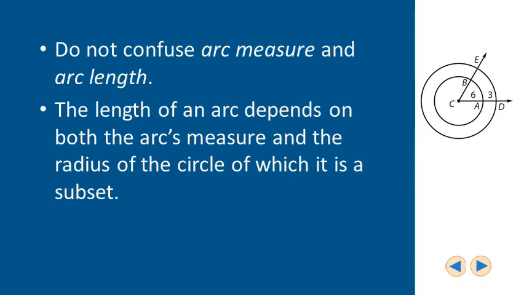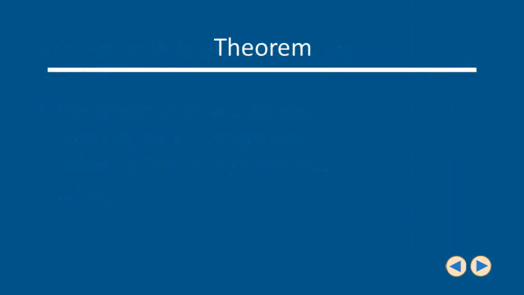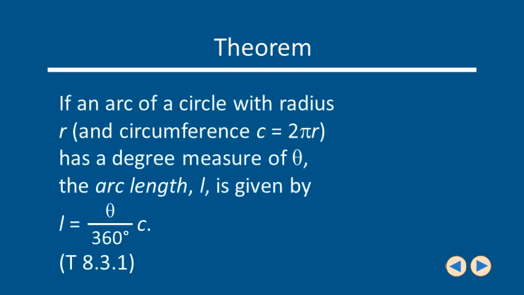Okay, and they actually work this out for you. You can see that the length of arc AB is 2 pi because you only have a radius of 6, whereas the length of arc DE is 3 pi. This leads us to the theorem at the bottom of page 361.